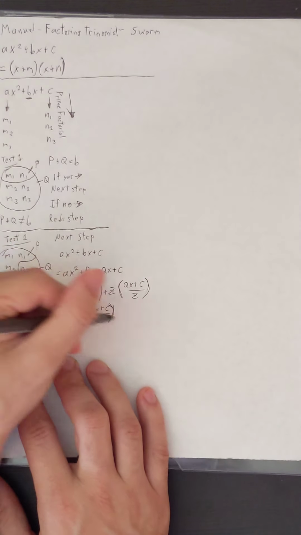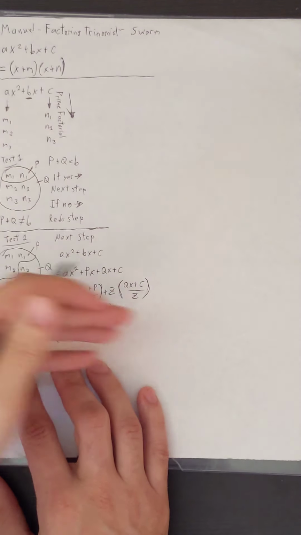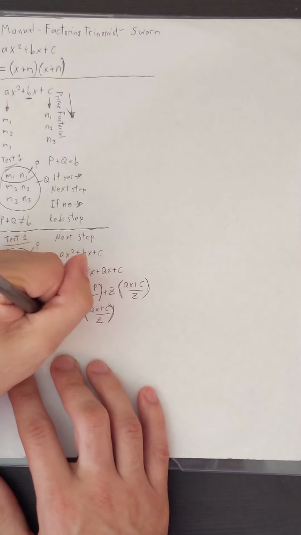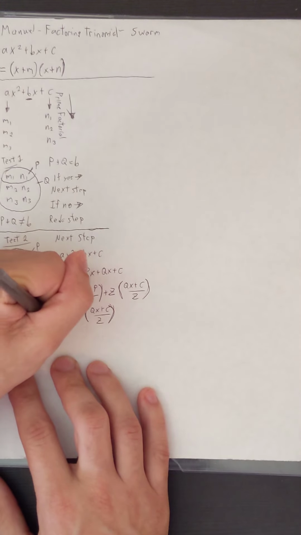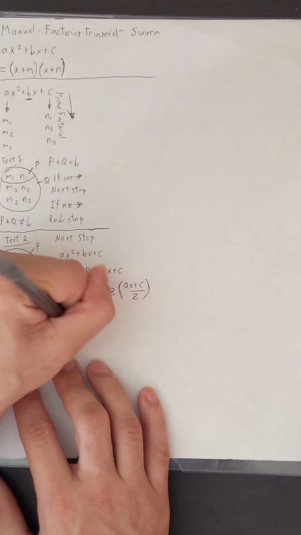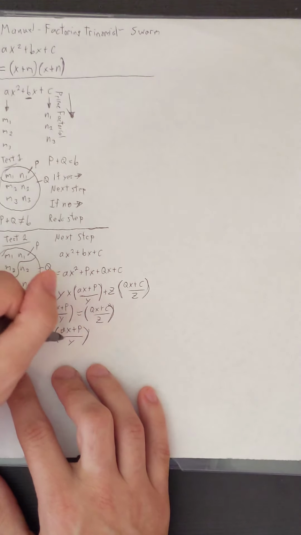You can eliminate one of them because it's like factoring out the same number. You no longer need it. It doesn't give you any new relevant information. So that's yx plus c times, let's just choose the first term, ax plus p over y. This is actually your final equation.